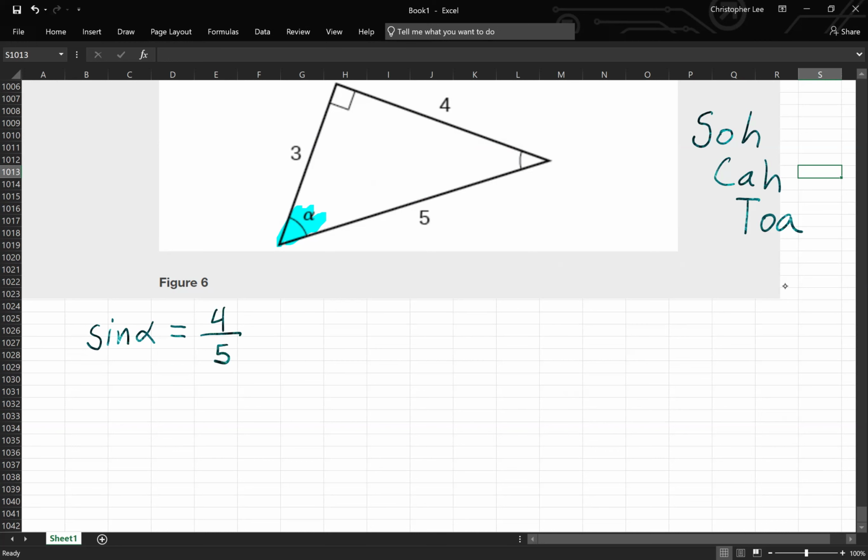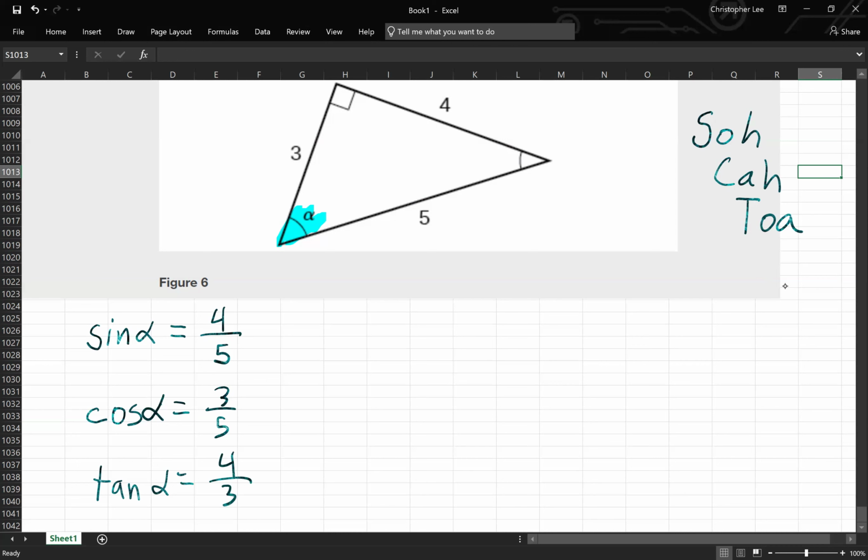Remember, hypotenuse is opposite a 90-degree angle. Hypotenuse is also the longest line, the diagonal line. Cosine of alpha is going to be adjacent over hypotenuse. Adjacent is going to be the 3 over 5. Tangent of alpha is going to be the opposite, that's the 4 over the adjacent, the 3, right?